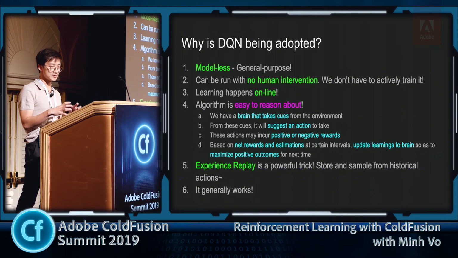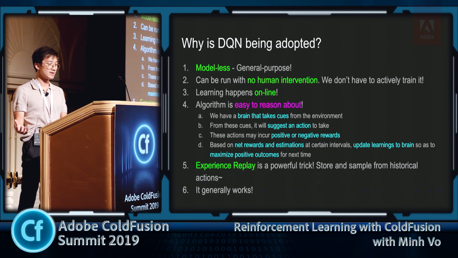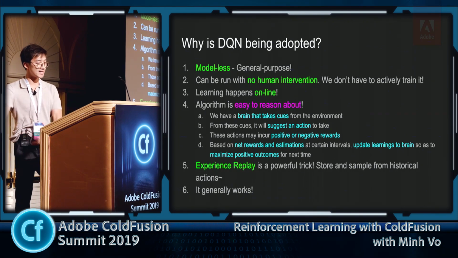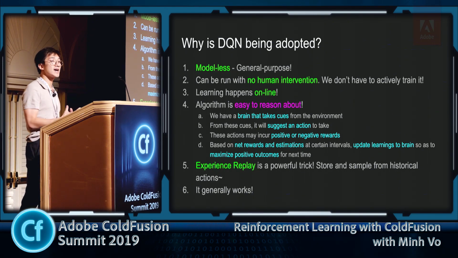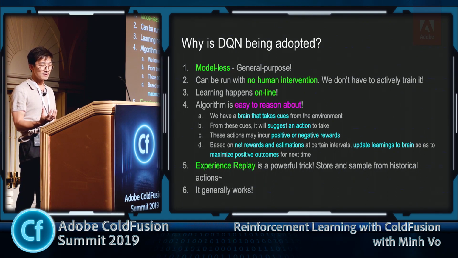And the algorithm, as you're going to see, is really easy to reason about. We just have a brain that takes cues from the environment. From these cues, we suggest an action, and these actions may incur positive or negative rewards, and based on these net rewards and estimations, we update the learnings to maximize positive outcomes, okay?